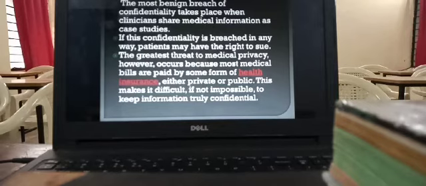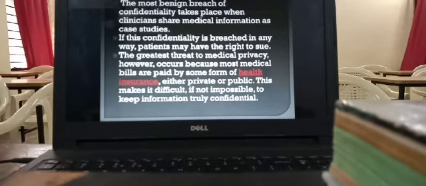Sometimes there are cases where breach of confidentiality occurs with health insurance claims, because usually the breach happens unintentionally: the hospital has to provide the data, but every time the data cannot be given with the consent of the patient.